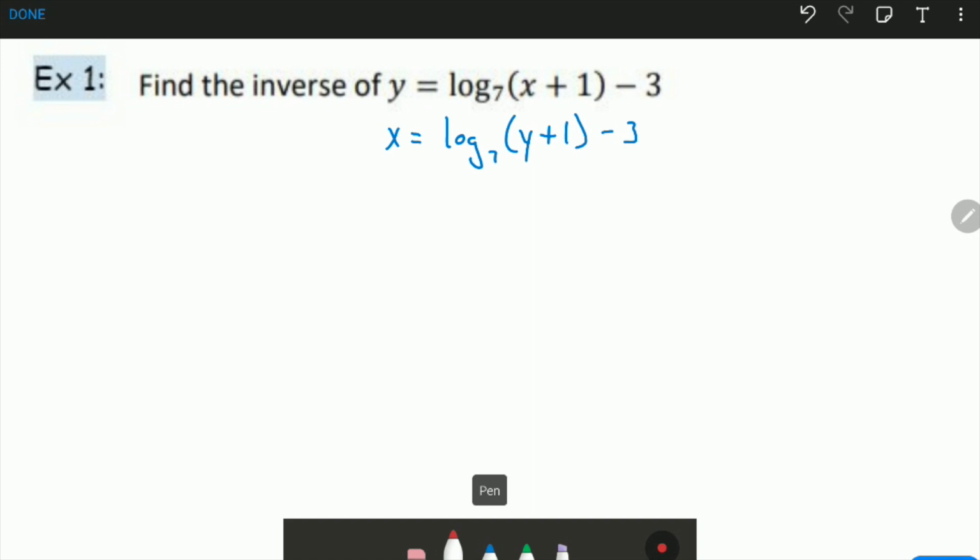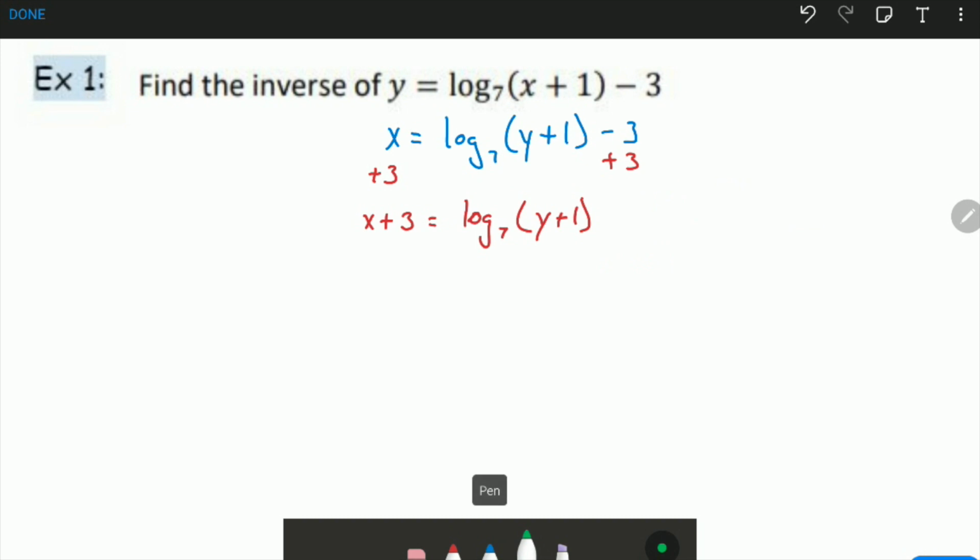Then the general approach to solving logarithm equations is to get rid of the stuff outside. So we'll add 3 to both sides. x plus 3 is, well, just x plus 3. We can't actually do it. Equals log base 7 of y plus 1.